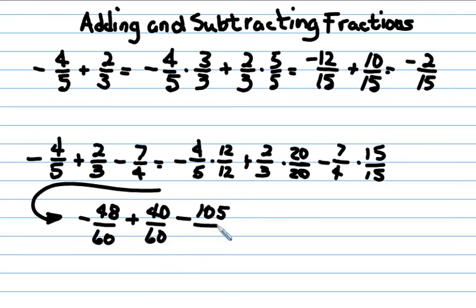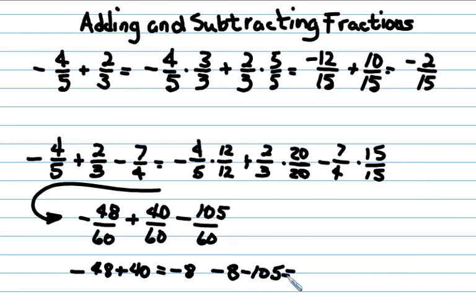So each one of these units is cut into 60ths. Now to finish this problem, let's simplify the numerators. A negative 48 plus 40 gives me a negative 8. And then a negative 8 minus 105.